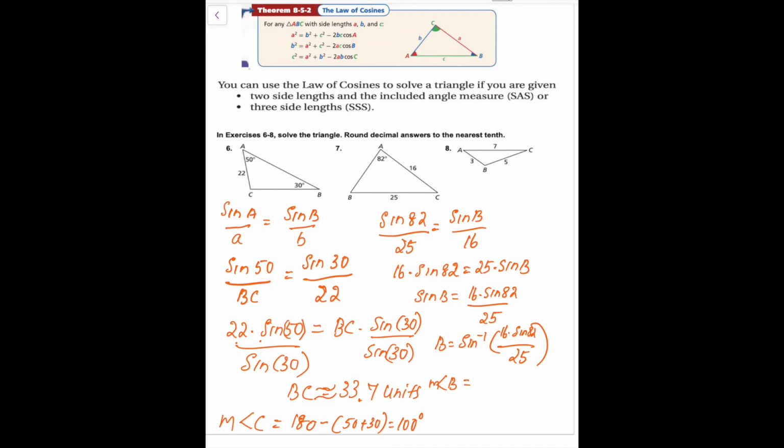Measurement of angle B is equal to, what did I get? 39.3 degrees. Then measurement of angle C will be 58.7 degrees, and when you calculate C, I don't think I'll have enough space here.